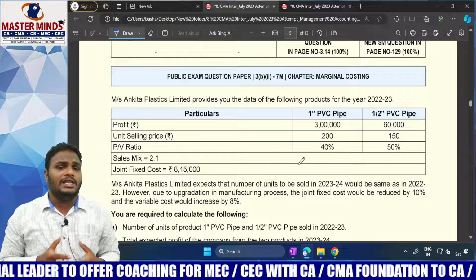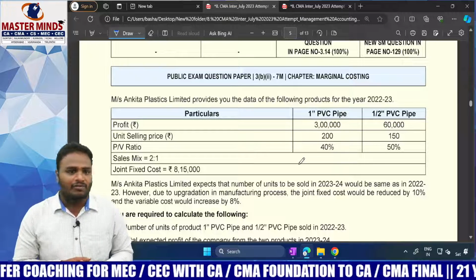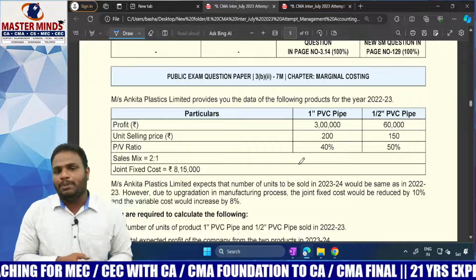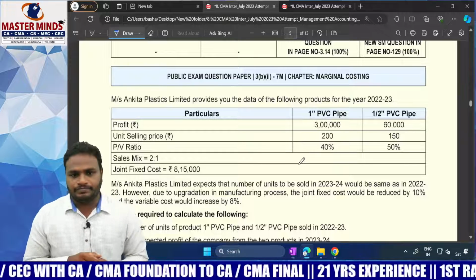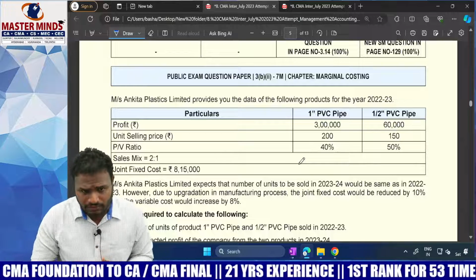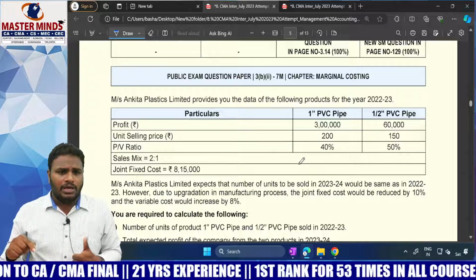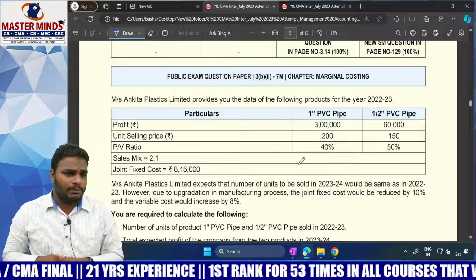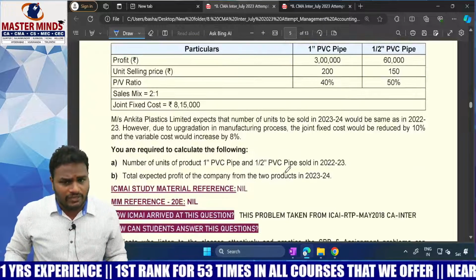The unit selling price is 200 rupees and 150 rupees. The PV ratio is 40% and 50%. Now the sales mix is 2:1. That means ఒక యూనిట్ హాఫ్ ఇంచ్ వెళ్తే సేల్ అయితే 2 units 1 inch PVC pipe సేల్ అవుతాయి. Now the joint fixed cost is 8,15,000.